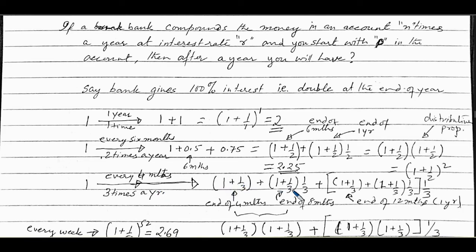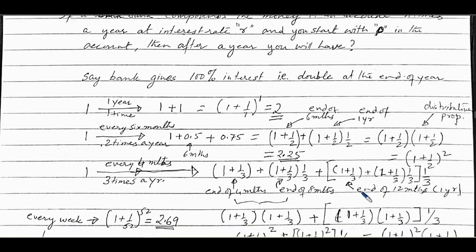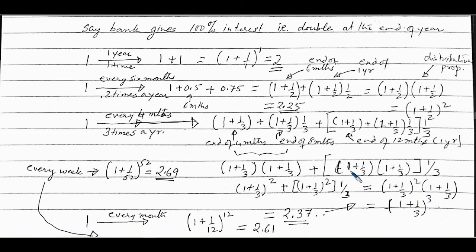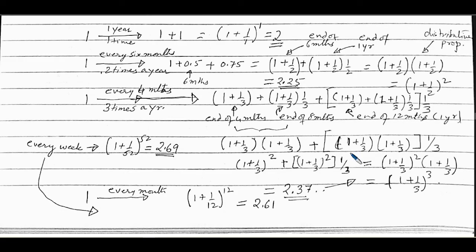Then after 8 months it will give 1/3 of this value, and after 12 months, 1/3 of this total value. If you rearrange it, I will not go through the detail, just go through the slides and see it. Then you will get 1 plus 1 by 3, to the power 3, for 3 times in a year.